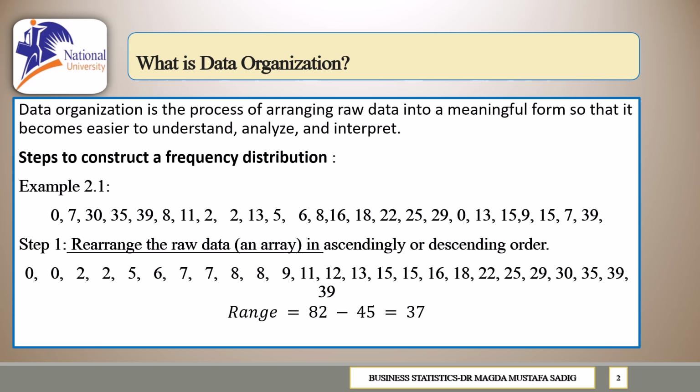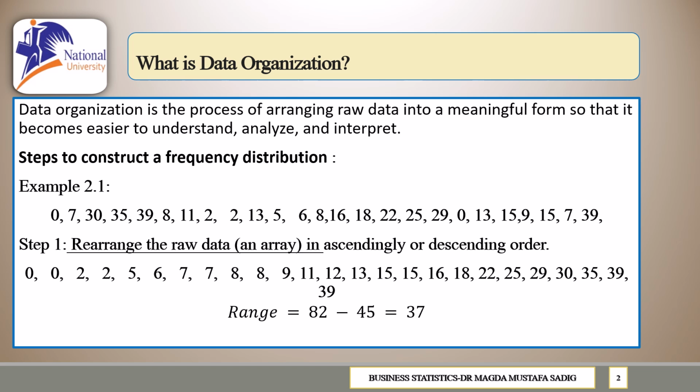Before performing any statistical analysis, the first step is always organizing the data. Data organization means arranging raw data into a logical and systematic format so that it becomes easier to understand and interpret. Imagine you conducted a survey among 200 customers.